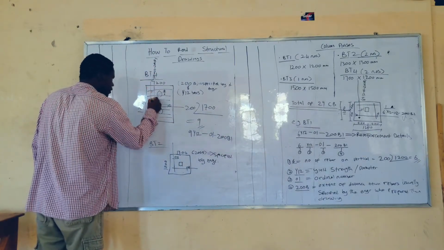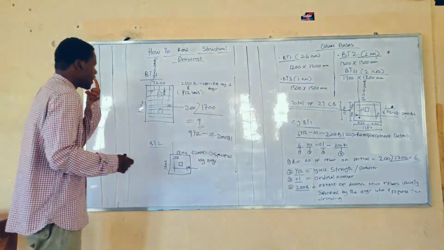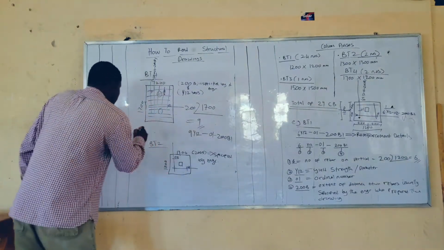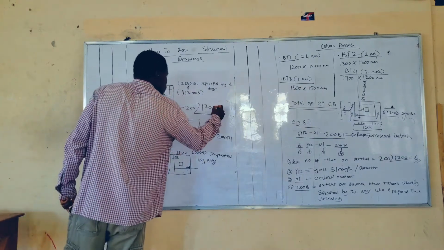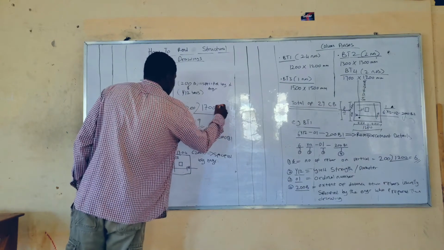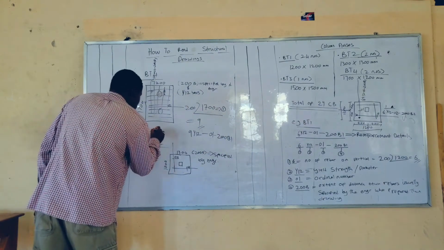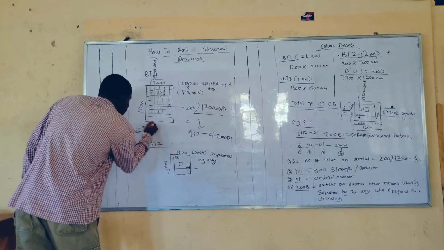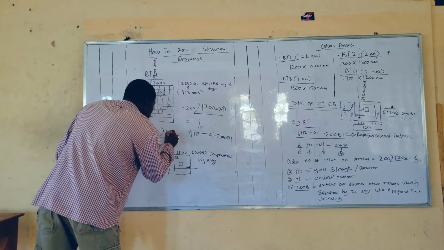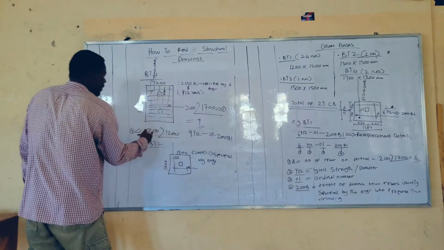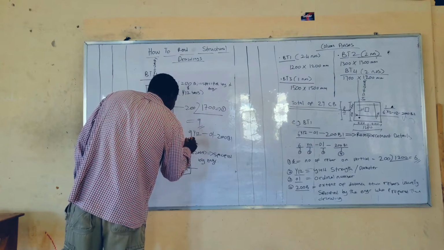So that will be 1200. This is one, two. 1200 divided by 200 will give us 6 bars required.